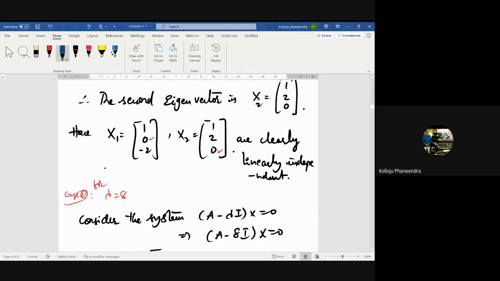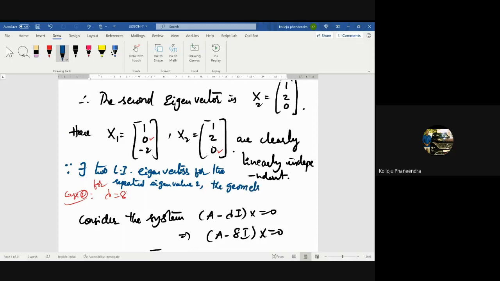One more point: since there exist two linearly independent eigenvectors for the repeated eigenvalue, the geometric multiplicity of lambda equal to 2 is 2 here.